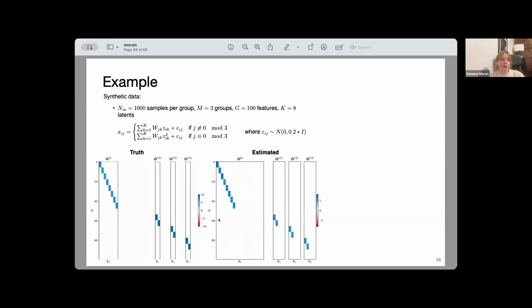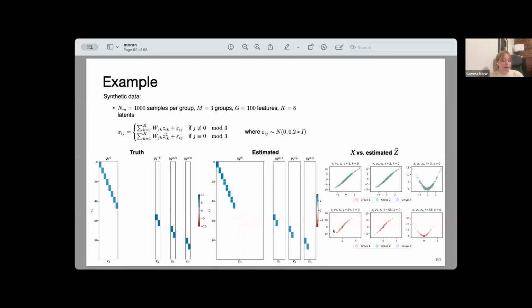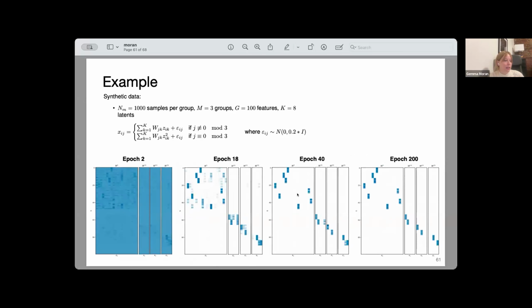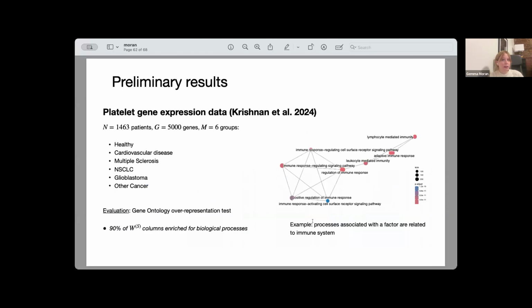So in terms of our identifiability result, we show that the supports are identifiable under the following assumptions. These assumptions are inherited from the single-study case. We have some additional assumptions that allow us to identify the support of these masking matrices.